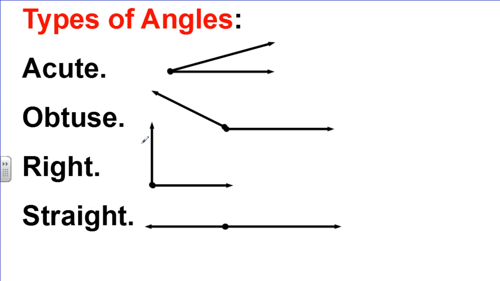Right. So there's types of angles. You could have an acute angle that is less than 90 degrees in its measurement. So if this angle was named ABC, you would say the measurement of angle ABC is less than 90 degrees, under 90 degrees.